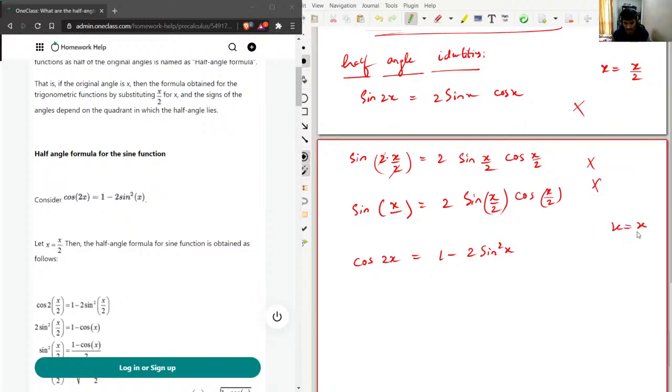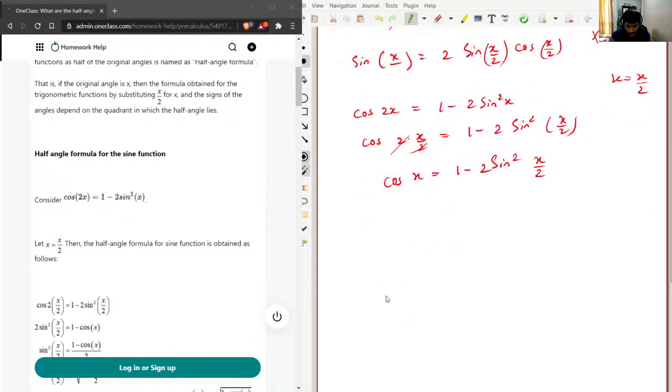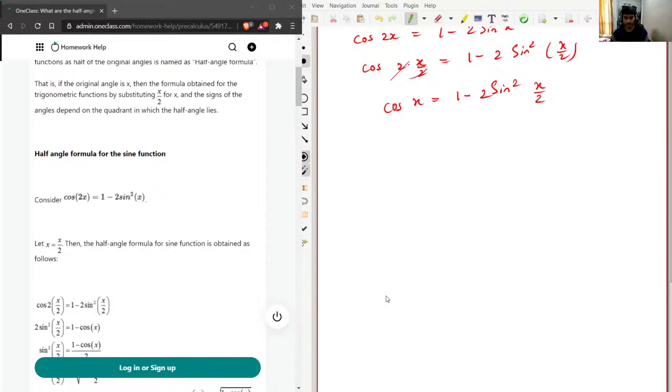We'll put x equal to x over 2. That will become cosine of 2 times x over 2 equals 1 minus 2 times sine square x over 2. This and this can get cancelled, and we'll have cosine x equal to 1 minus 2 sine square x over 2. Now we'll be solving this for sine x over 2.